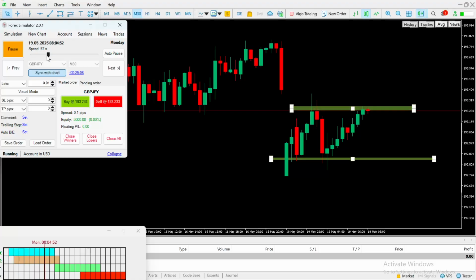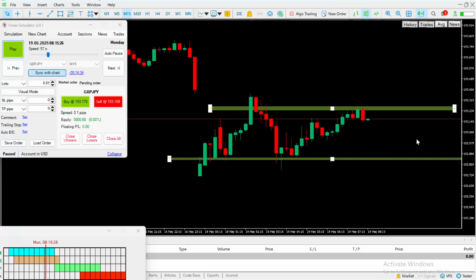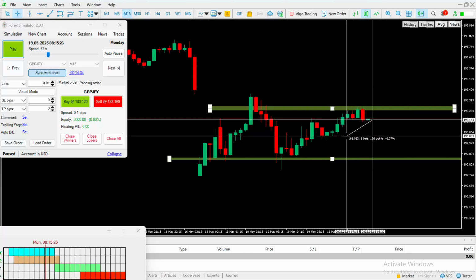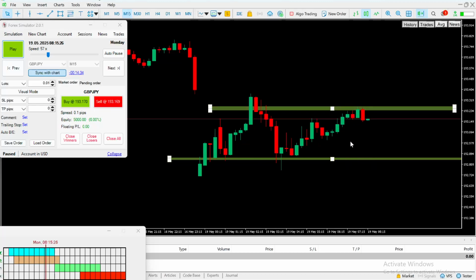Yeah. It's rejecting the resistance, which makes sense, which before was a support and it was broken. So on the 15 minutes, it looks like we could take a sell, right? 135, 130 is like 1 to 1.